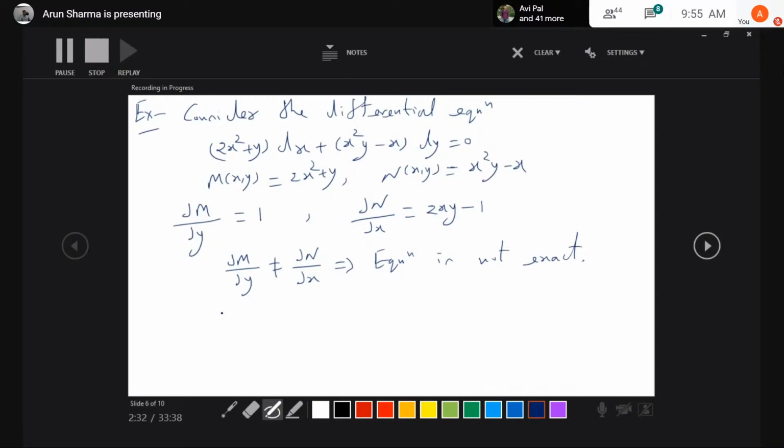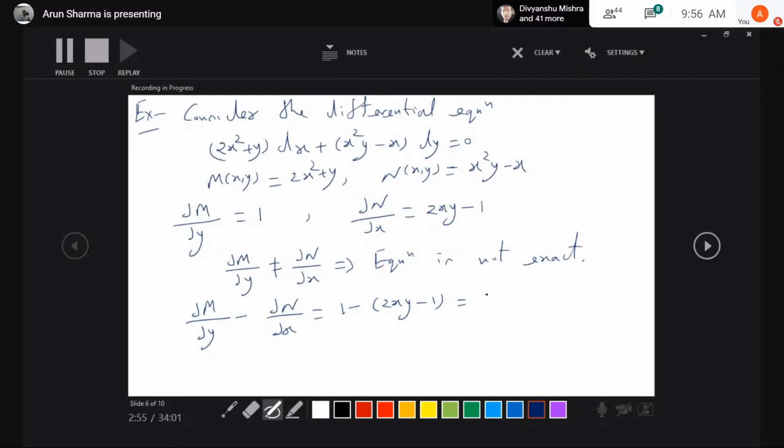To find the integrating factor, just do this: ∂M/∂y minus ∂N/∂x. So ∂M/∂y minus ∂N/∂x is how much? 1 minus (2xy minus 1).